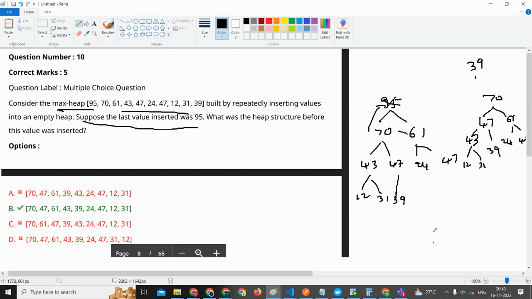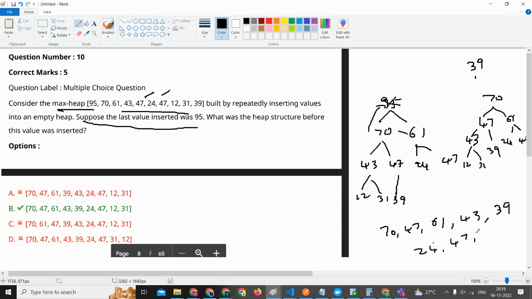So the final list will look like 70, 47, 61, 43, 39, 24, 47. Sorry for the bad handwriting. Do we have 47 twice? Yeah, we have 47 twice.